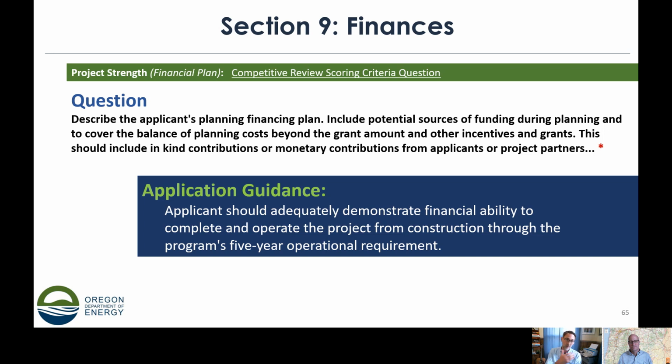So unlike prior, this would be an area if you are doing a large scale planning project that's going to go in excess of both your other funding of the ODO grant, the CREP grant. This is where we'd like to see that information, as well as if this would be another area where you as the applicant might put forward your funds or direct funding from a partner.